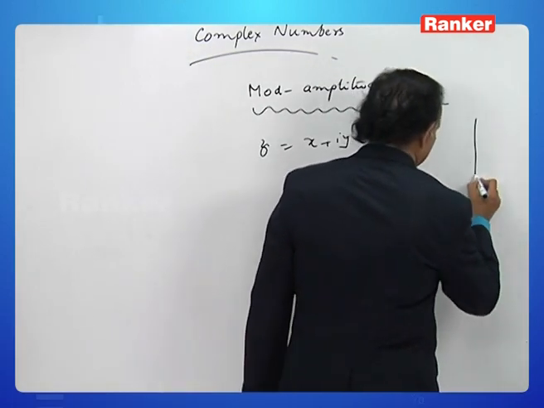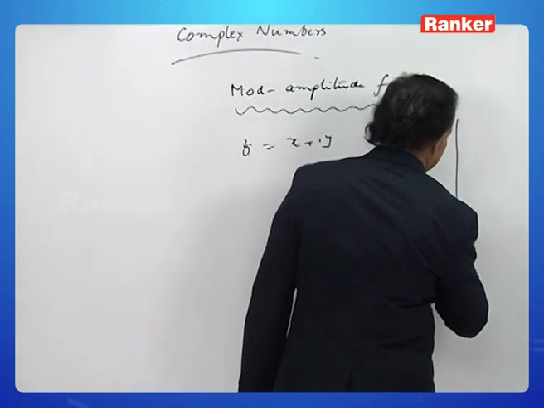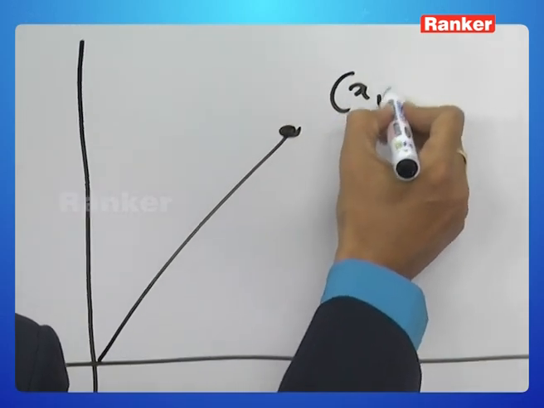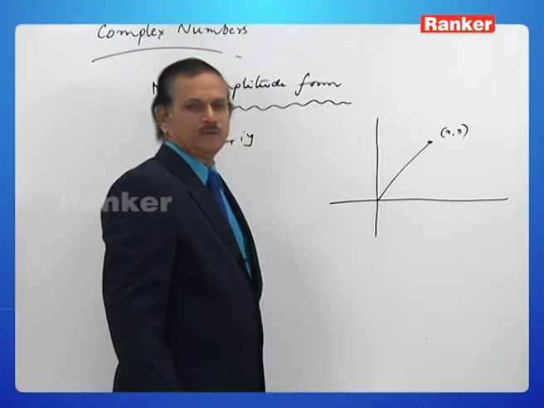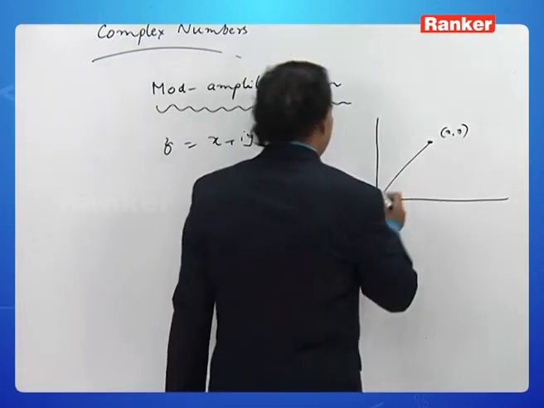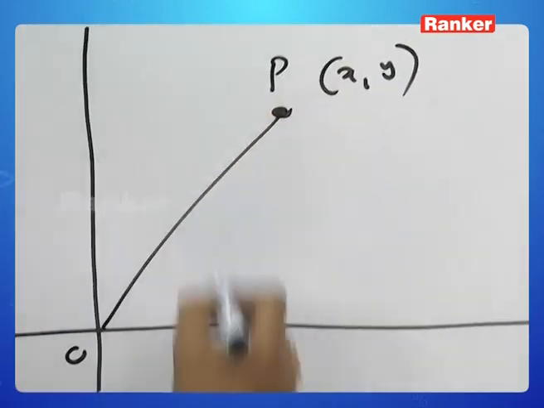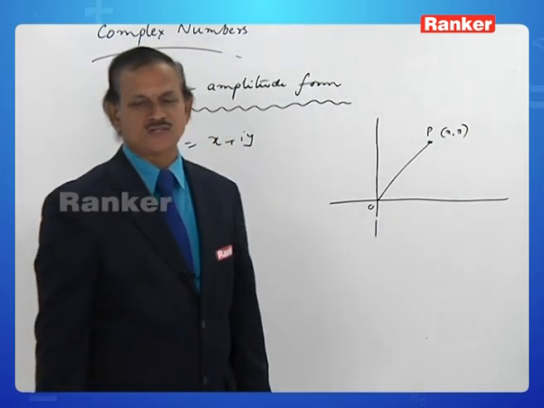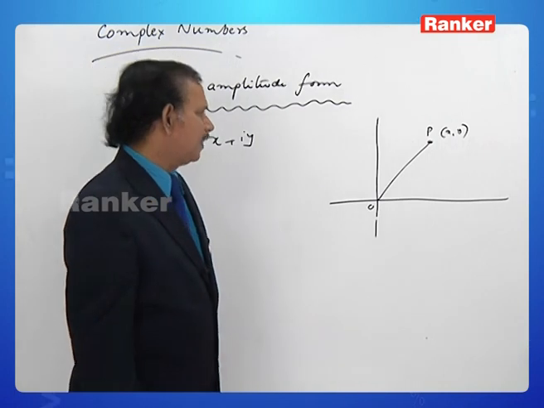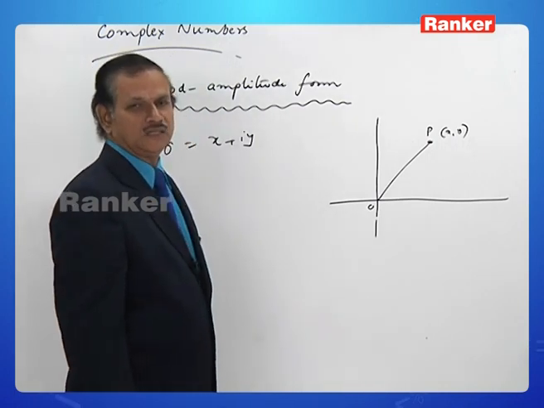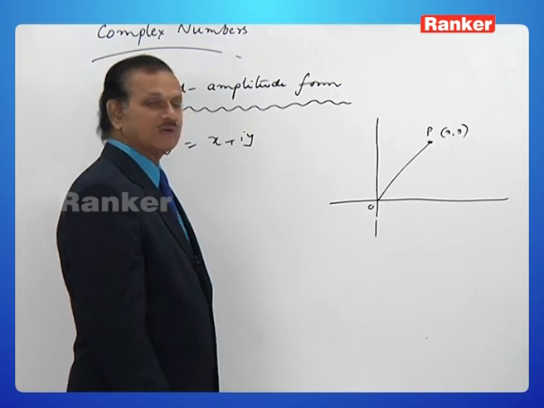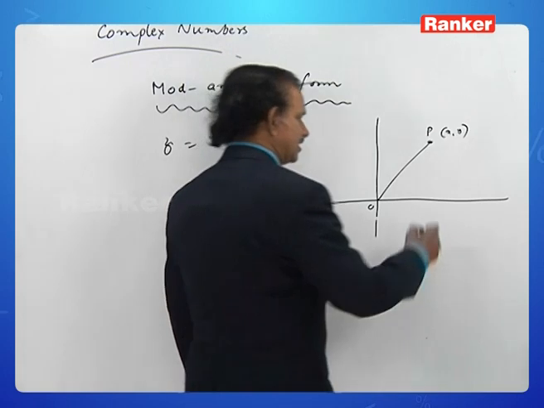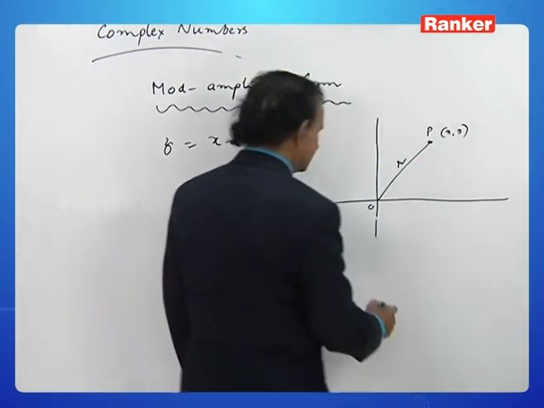We know that it can be represented as the point (x, y) on the Argand plane. Well, let OP be the vector corresponding to the complex number z is equal to x plus iy. We all know that modulus of OP bar is nothing but root of x square plus y square, which is a positive real number, and let me represent that as small r.